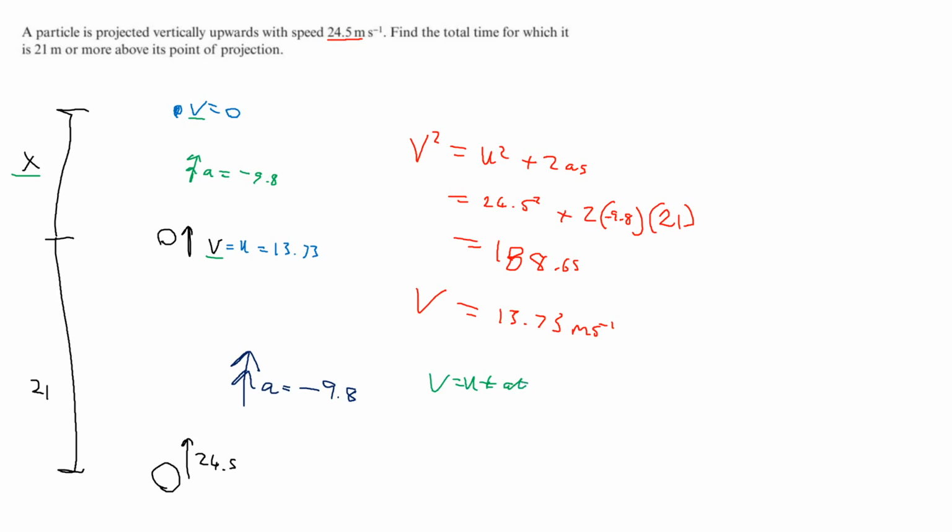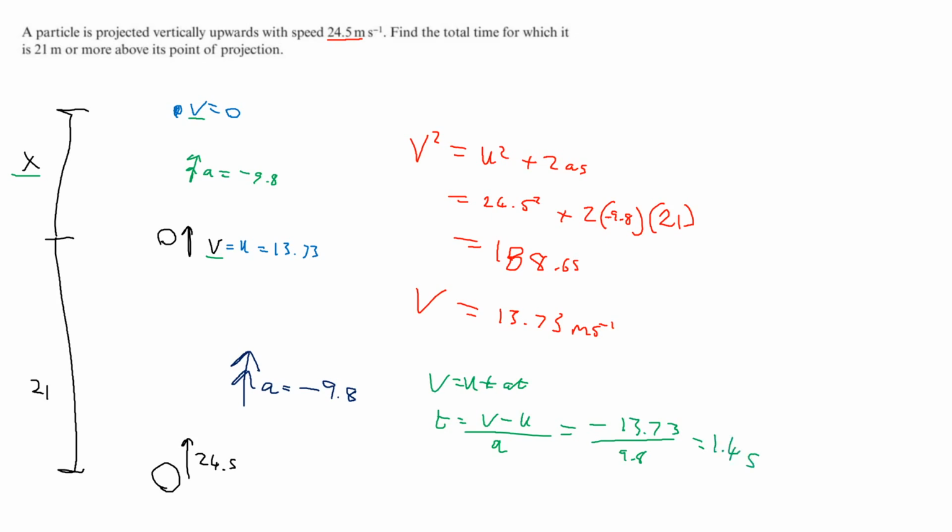All right. Now we just need to make t the subject. So t is going to be v minus u over a. All right. Which is equal to minus 13.73 over the acceleration 9.8, which is equal to, and you can plug this into your calculators, 1.4 seconds.